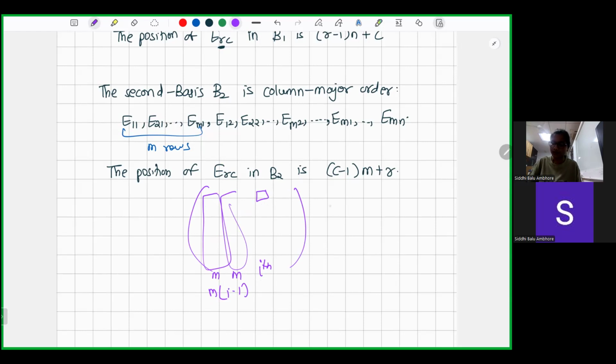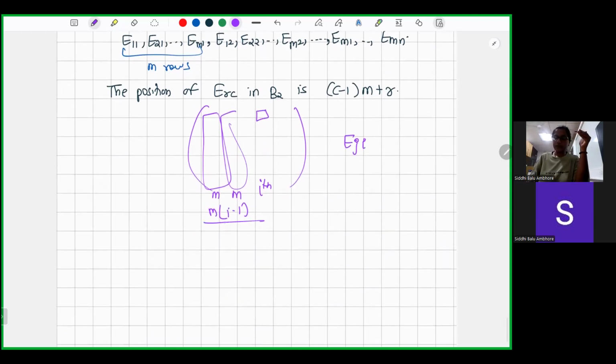So for example, if my element is E_IJ, this is the ith column, and for example the jth row. So I first have to omit these I minus 1 columns, and then in this ith column I will go 1, 2, 3, 4, and this will be my jth position.